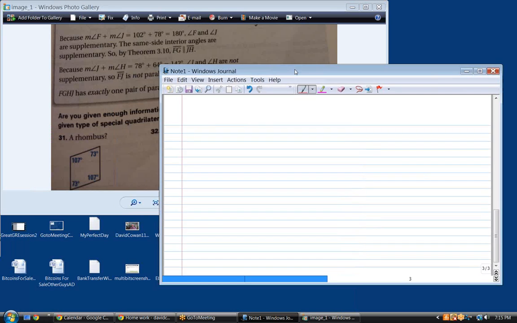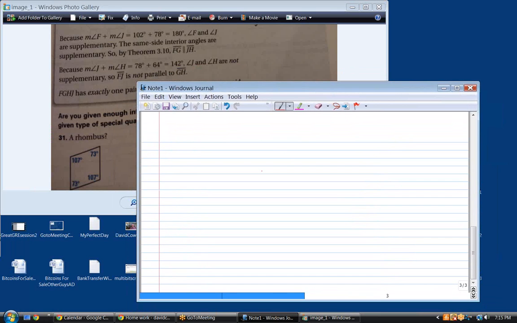Here, let me move my thing out of the way. Can you see both my notepad and the picture now? Okay, so let me try to draw this. That means that line's parallel with that line, just that much information, right?